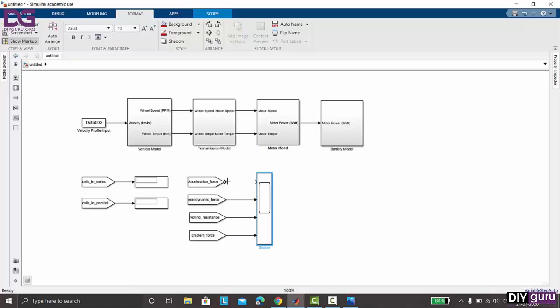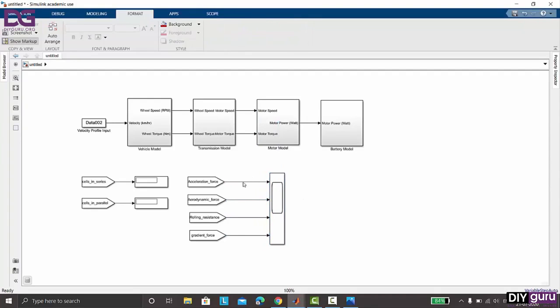Connect the ports. Name the signals as acceleration force, aerodynamic force, rolling resistance force and gradient force.